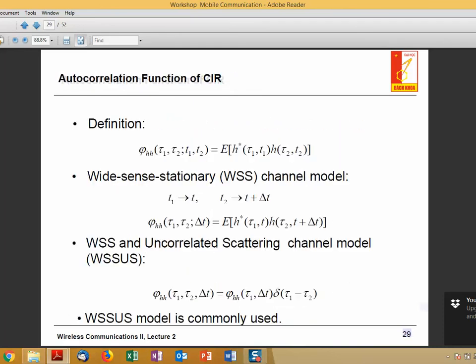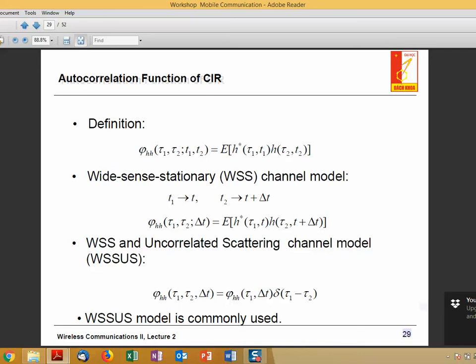Here, that's the definition. Not easy, very difficult, boring actually, with the calculation. But we are starting with the definition, which is very simple.